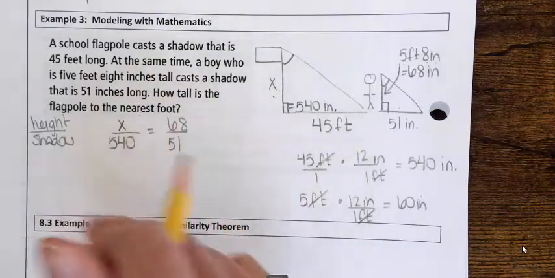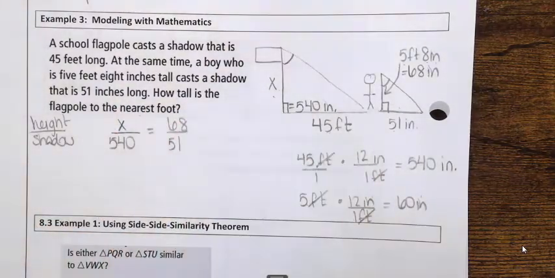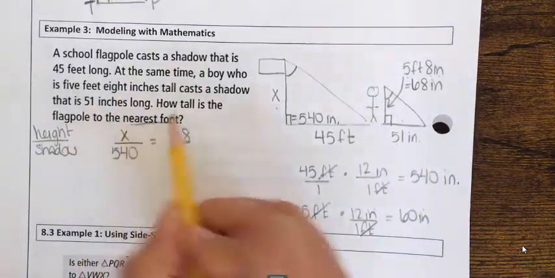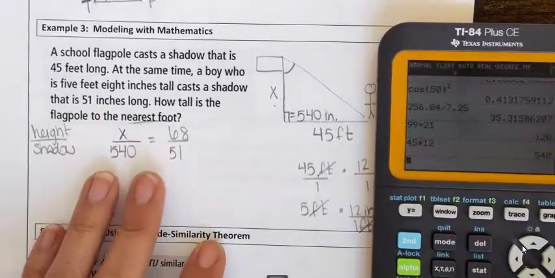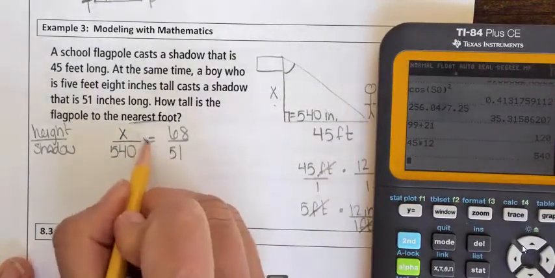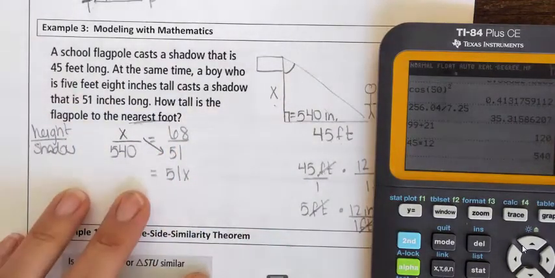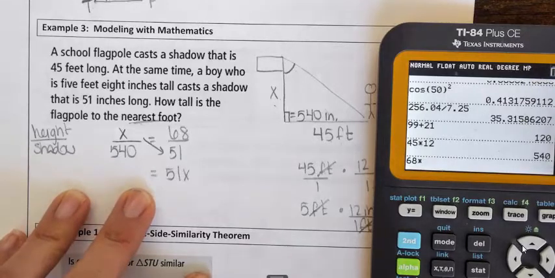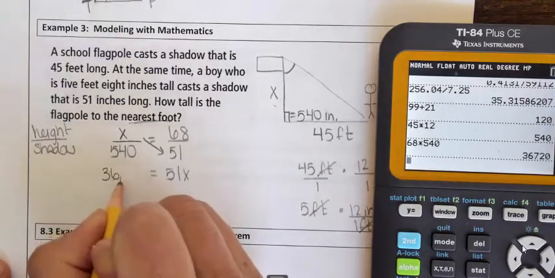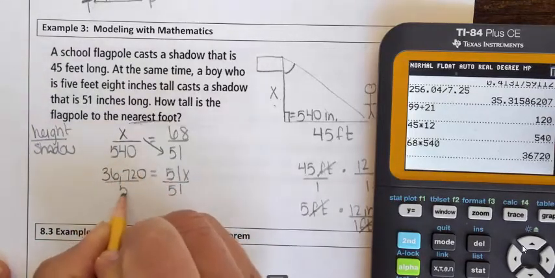Now I have a proportion where I can cross multiply and I'll get my answer in inches. It's asking for the nearest foot, so I'll have to convert that back into feet. If I cross multiply this way, I get 51x, and this is going to be 68 times 540. Ooh, that's a big number. 36,720. Divide both sides by 51.